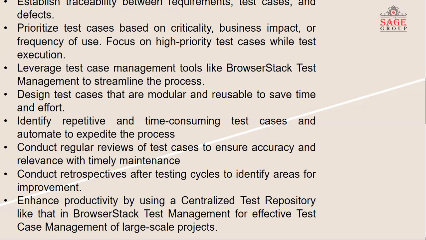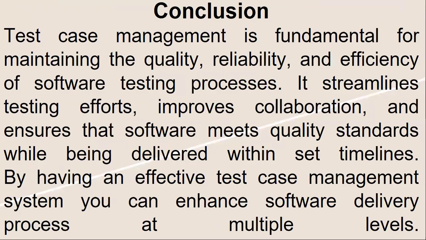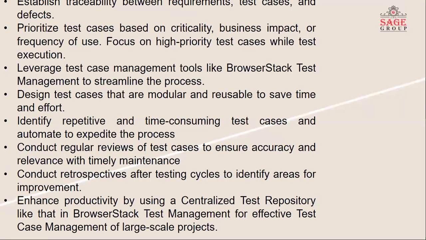Prioritize test cases based on criticality, business effect, or frequency of use. Focus on high priority test cases while executing tests. Leverage test case management tools like BrowserStack Test Management to streamline the process.